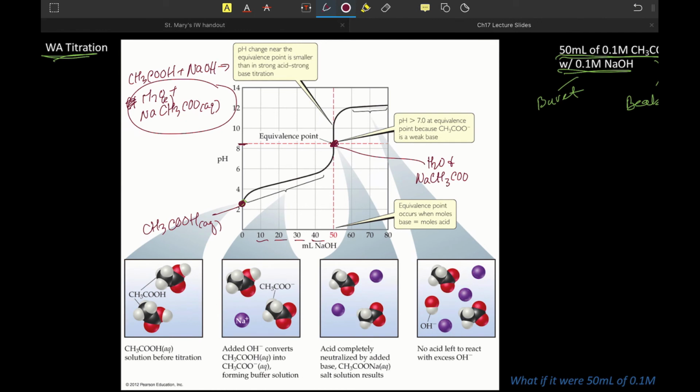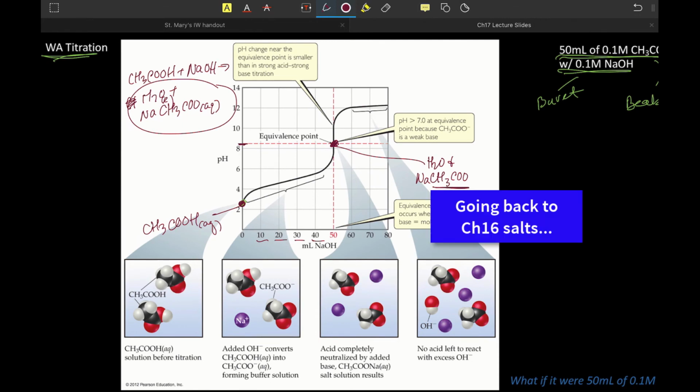Now, at first we might puzzle at the fact that our pH is not at 7, because if the moles are equal, why wouldn't it be at 7? And then you would say, that's right, because we are talking about a weak acid. Acetic acid is a weak acid, which means that acetate ion is, ding, ding, ding, a weak base.